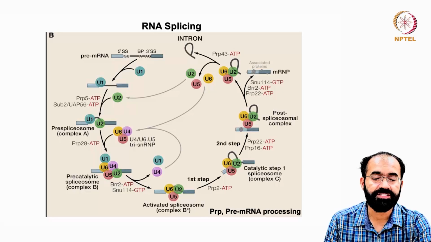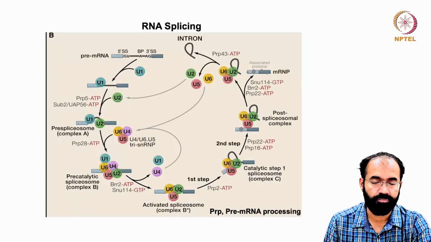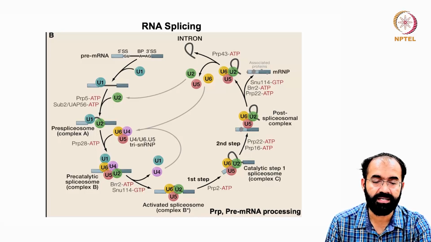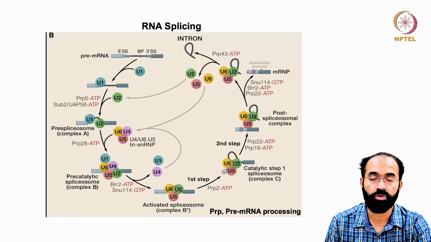And let us revisit RNA splicing. So what happens in a pre-mRNA? You have intron and exon, and their boundaries are specified, and you have the incorporation of U1 at the first exon-intron boundary, and then incorporation of U2.